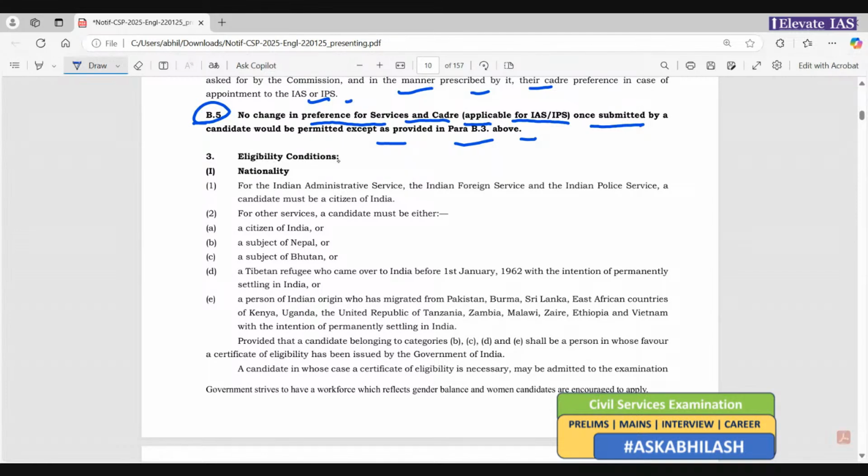Next comes the eligibility conditions. See, the nationality for IAS, IFS, and IPS: a candidate must be a citizen of India.